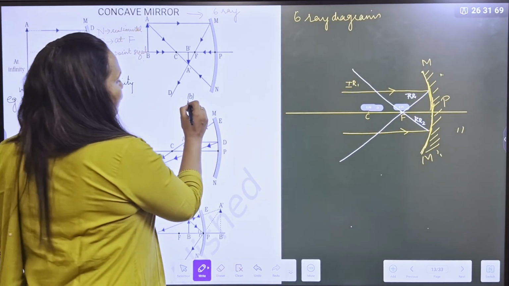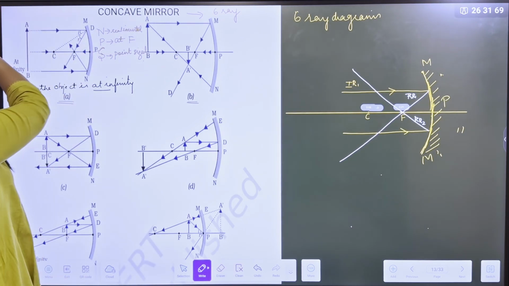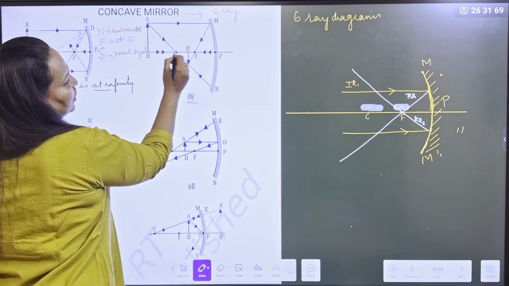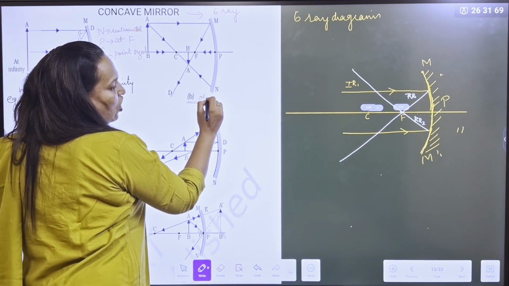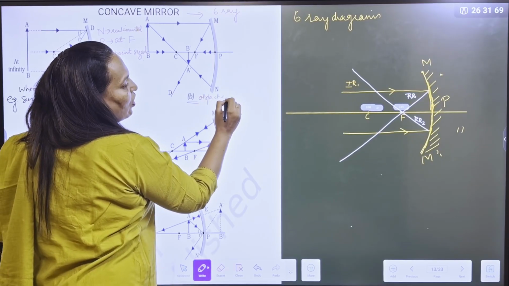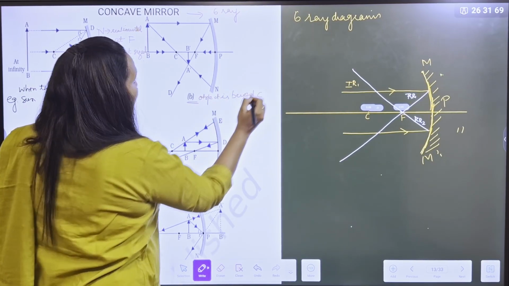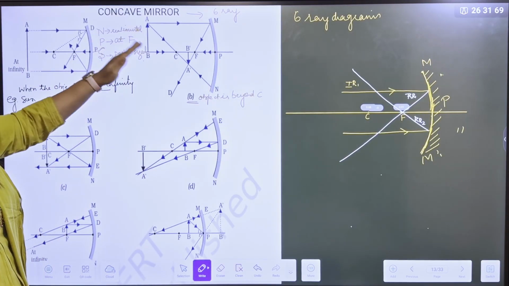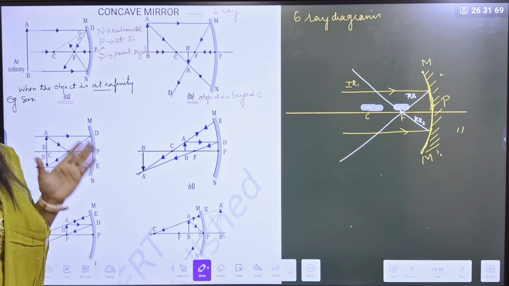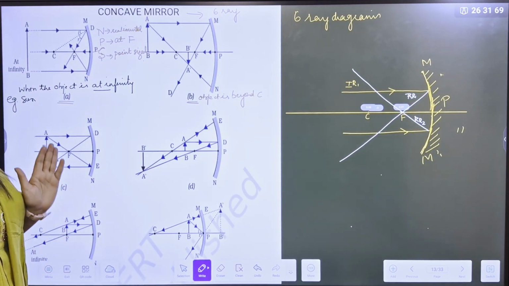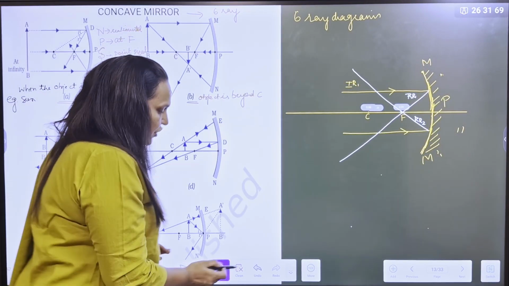Come to the second ray diagram. What is the position of the object? First position was infinity. Second position is beyond C. Where is the object? Beyond C, away from C. Means your object distance is more than the radius of curvature. How do we draw? Shall we draw, guys?